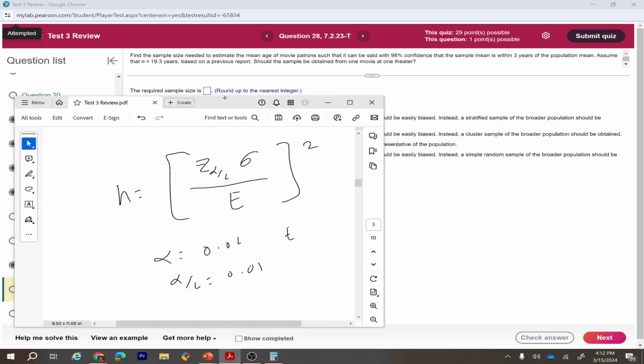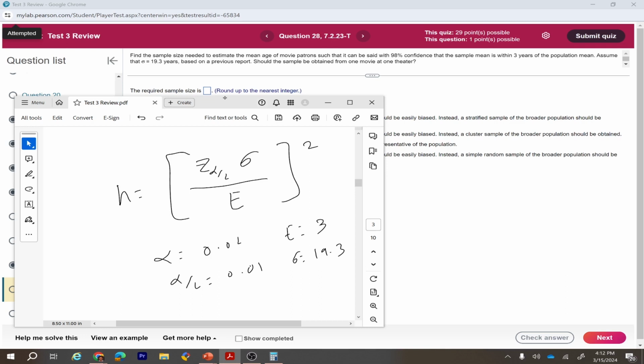The margin of error is given as 3 years, and the standard deviation is 19.3 years based on the previous study. That's given.